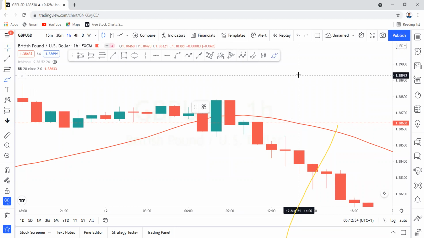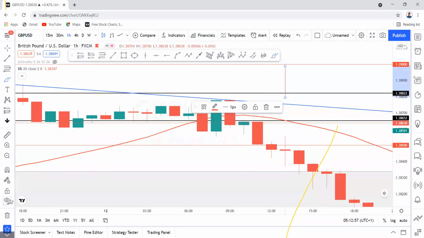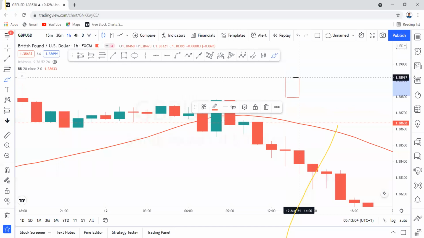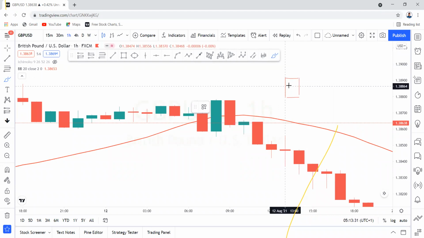So if you find a candlestick, let's say you find this, and this does not want to draw.